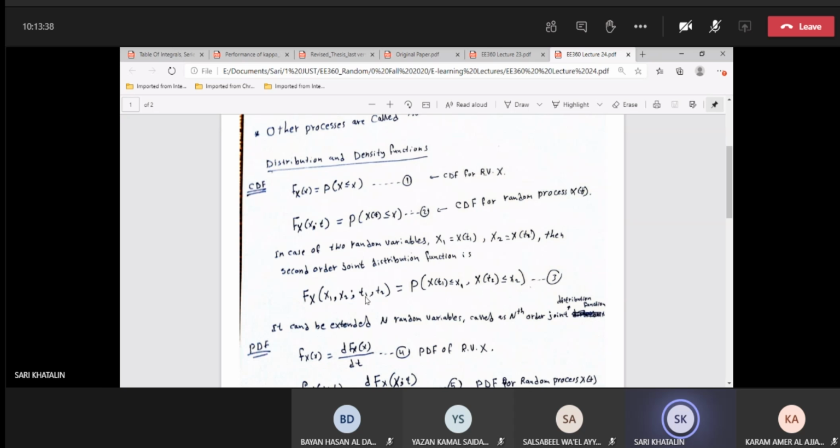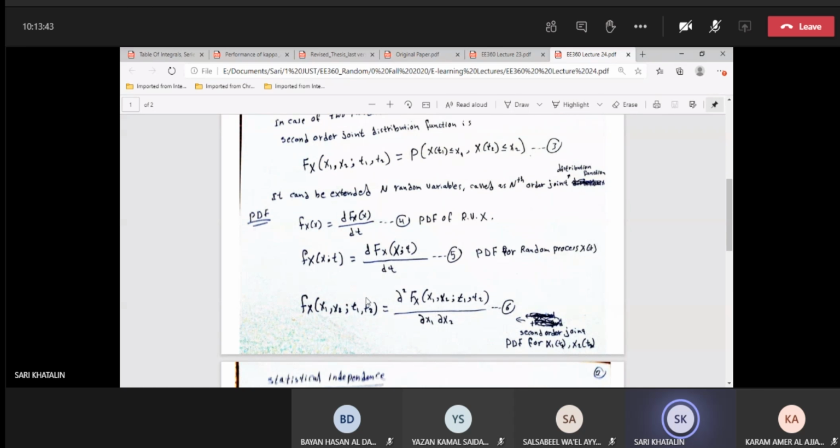This is the joint CDF for the random process. And similarly, like we did in the past when we dealt with the random variable, we can extend that to the nth order joint distribution, okay?